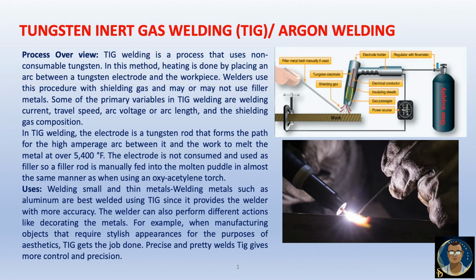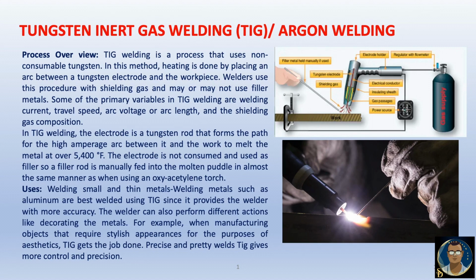The melting point of tungsten is much higher than the welding arc temperature, and it creates the arc. Argon gas flows through the torch tip to protect the weld from oxidation, and then filler wire is being fed from the other hand manually if used.